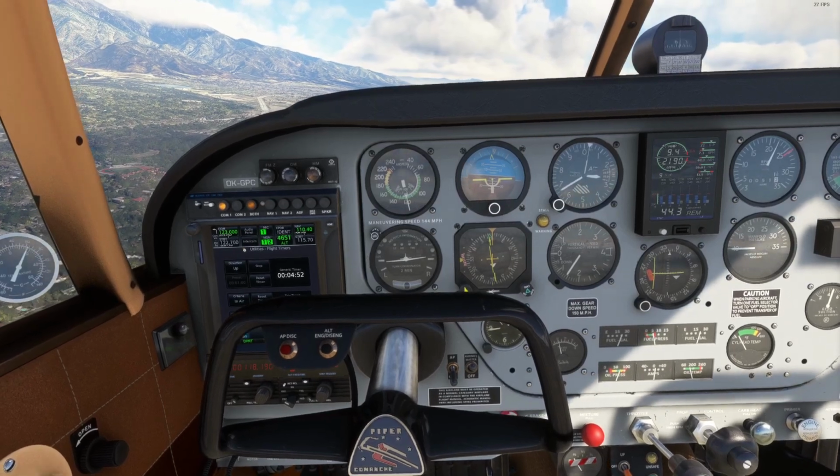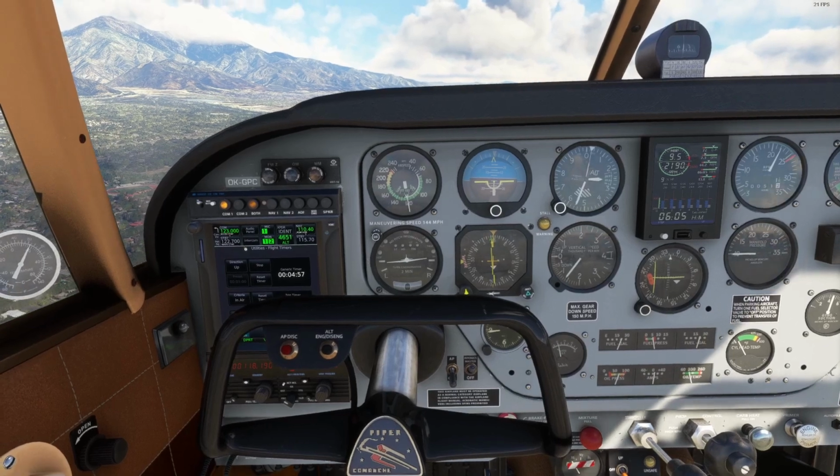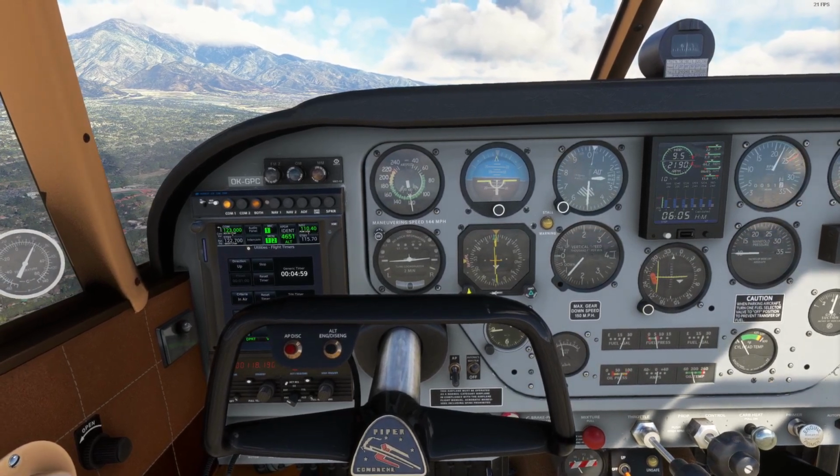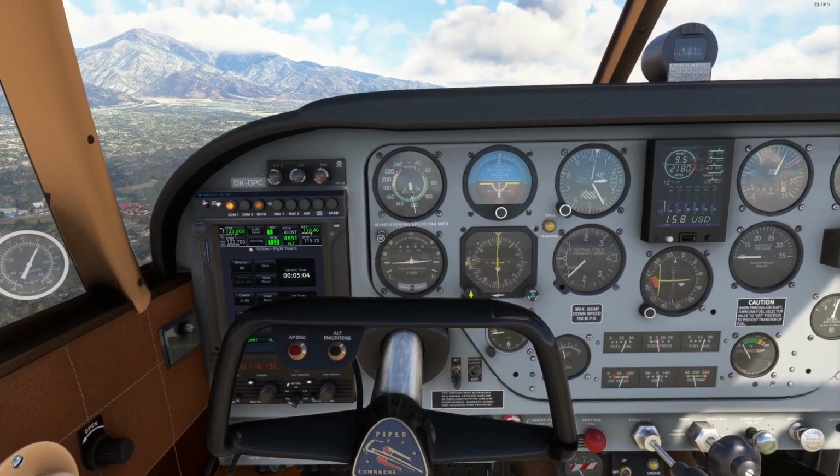Looking just at the instruments. Okay, I'm approaching that, so I'll just look.